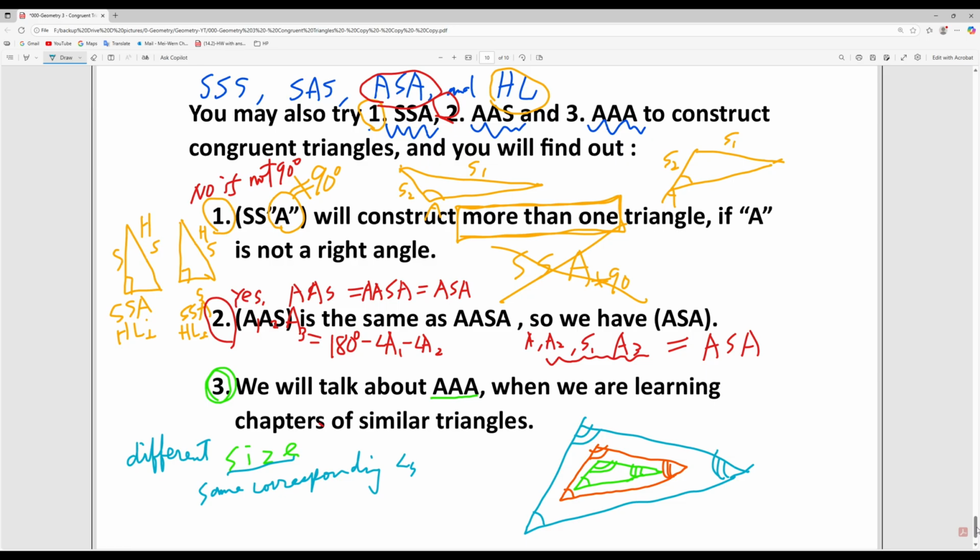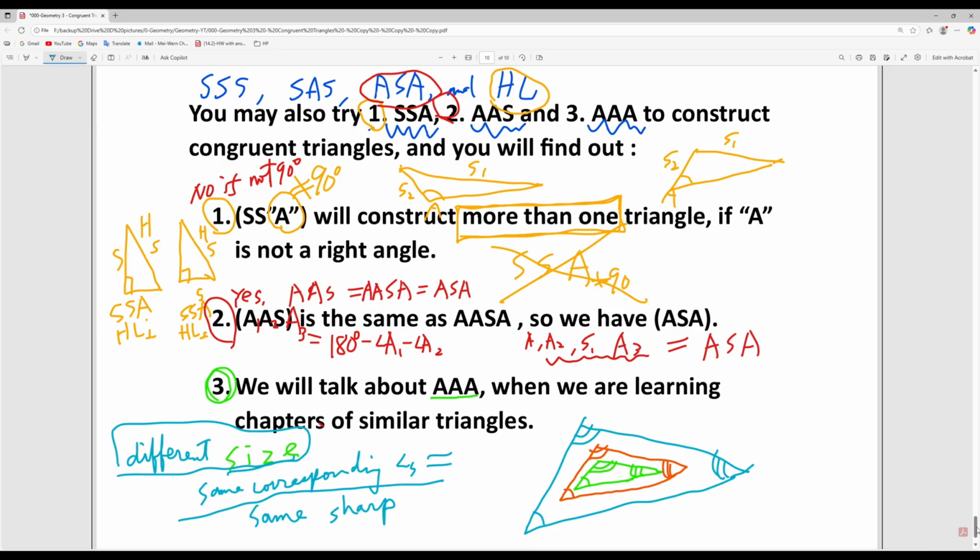Okay, the corresponding sides are not equal, but the corresponding angles are equal. Now, with the corresponding angles equal, they have the same shape, but different size. It's so obvious.